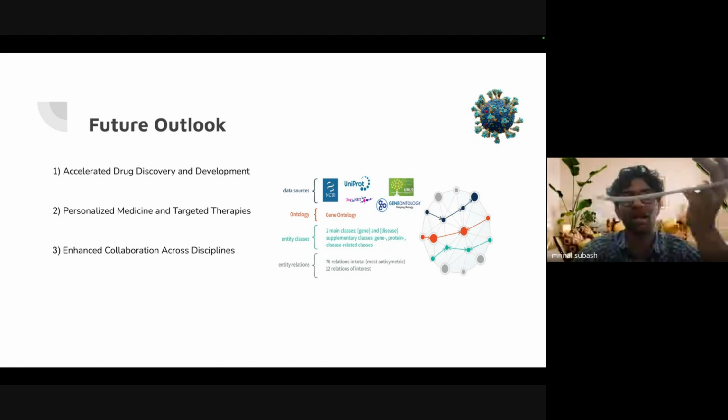Another thing I mentioned previously was Gene Ontology, which contains cellular components, molecular function, and one more, I forget what it is, but there are three components that go into Gene Ontology.